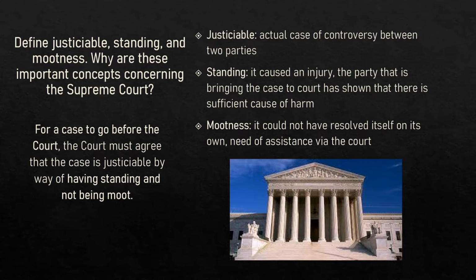For a case to go before the court, they must agree that the case is justiciable and has standing and is not moot. So justiciable is the umbrella term, but it has to have standing and not be moot.